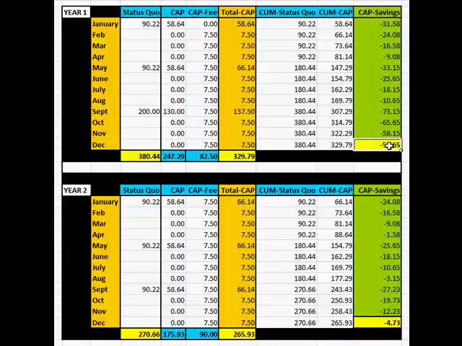You can see the savings associated with that at that point. It's $63 saving being a member in the program, and overall for the year you can see what the savings here are. You spend $50.65 less in the CAP program than you would have if you were not in the program.